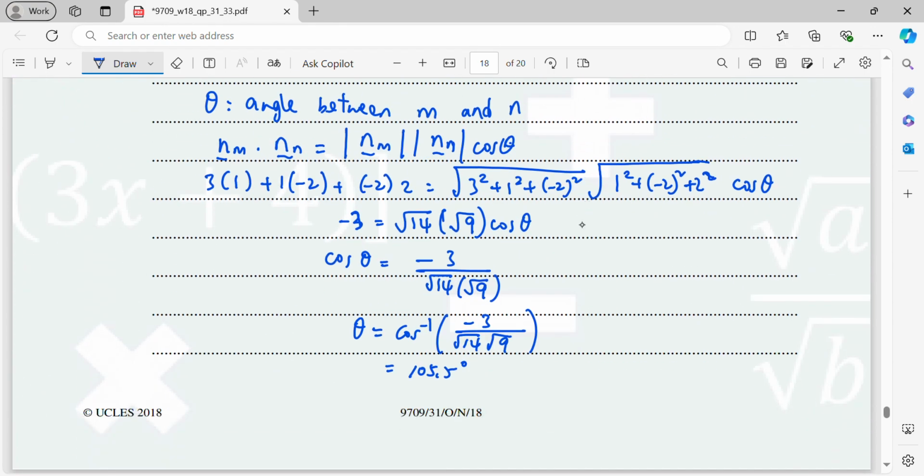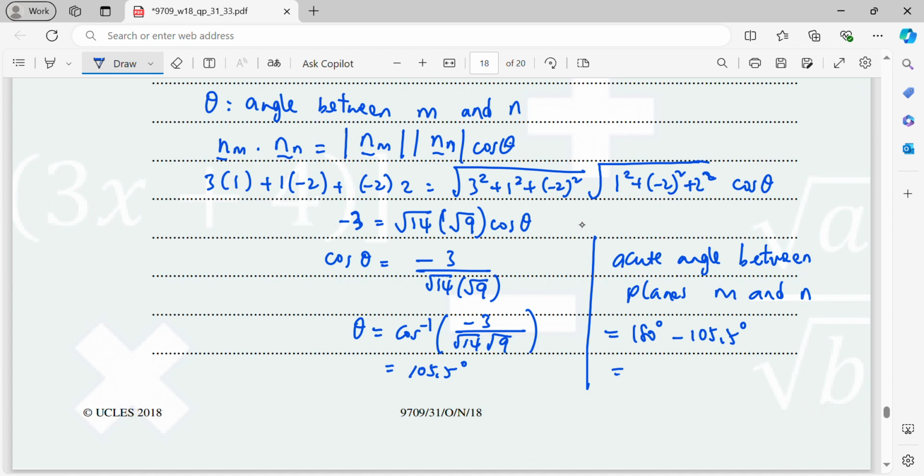So the acute angle is basically just 180 minus that value. Then you will be getting 74.5 degrees. So that's the solution of this question.